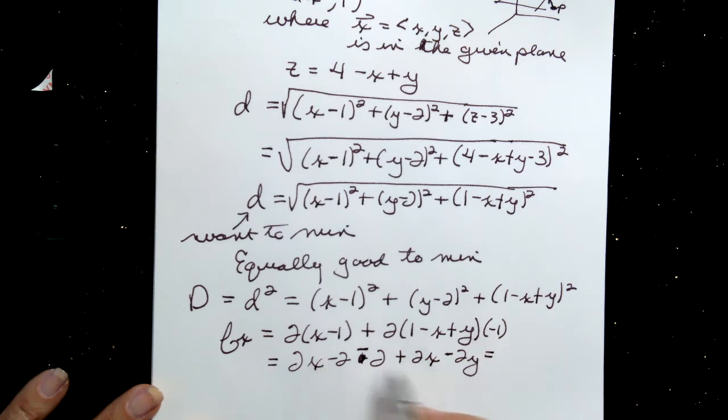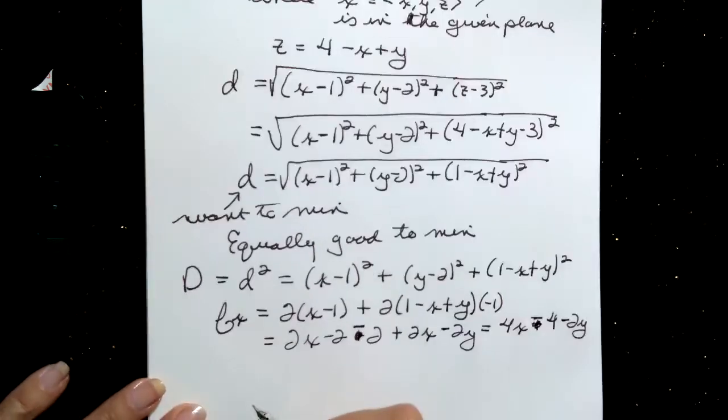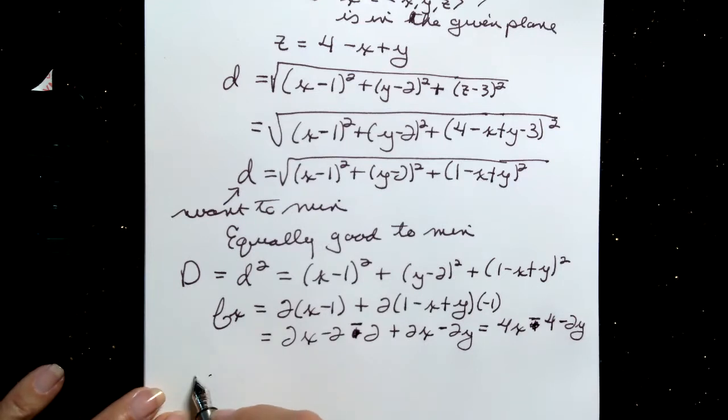And so that gives me 4x minus 4 plus 4y, my goodness, can't talk, 4x minus 4 minus 2y. There we go. That's f sub x. Okay. And now we do f sub y.